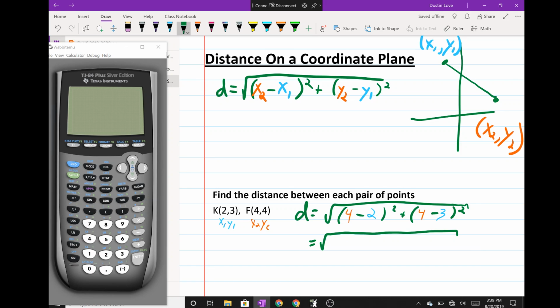All right, now let's simplify inside the parentheses first. 4 minus 2 is 2 squared plus 4 minus 3 is 1 squared.